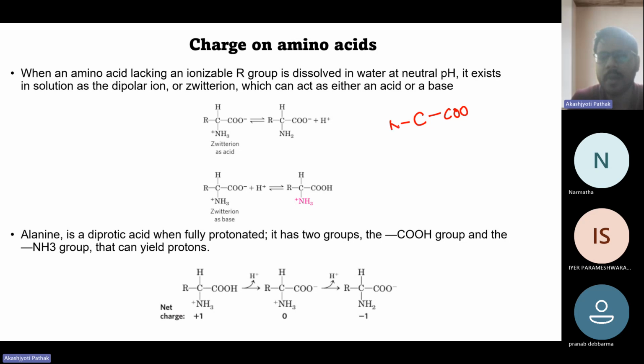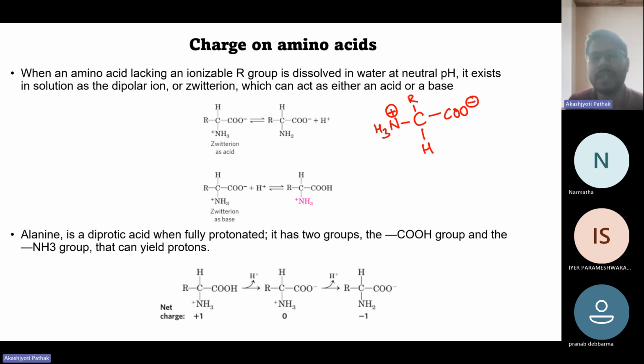In neutral pH, this carboxyl and this amine group remain charged. Now, when an amino acid lacks an ionizable R group, what does it mean? If it is an aliphatic nonpolar amino acid, we see that it does not carry any charge.